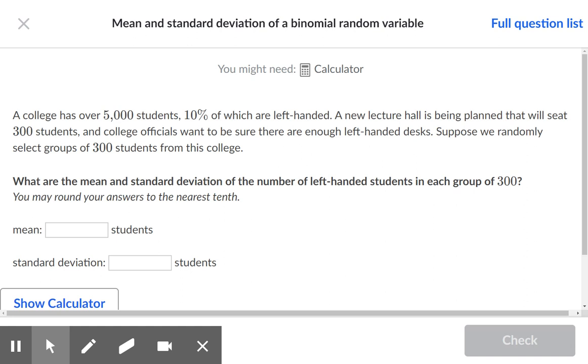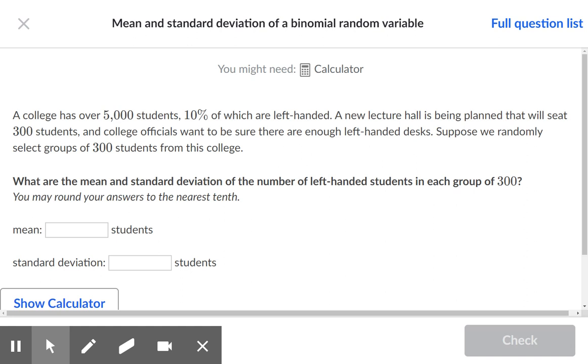So if you remember that formula, we should be good to go for calculating both the mean and the standard deviation. So here, n is 300, and what is p? P is, we were told, 10%, so 0.1.